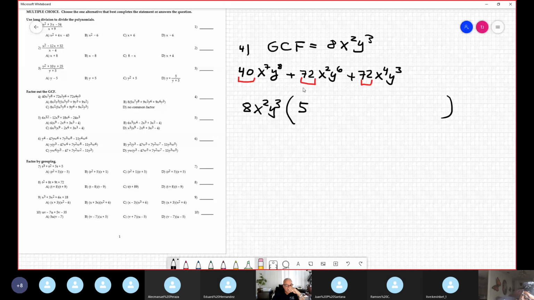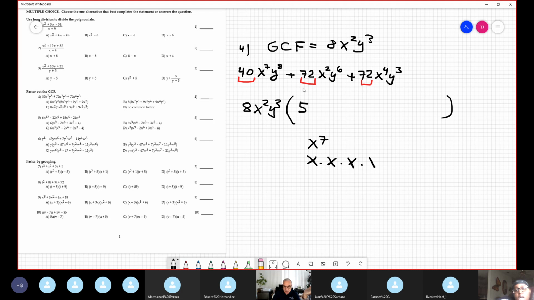Okay, there are many ways to do this. Or, what number do you multiply by 8 to give 40? It's 5. We have x^7, and outside I put x^2. You know, x^7 is x times x times x times x times x times x times x. How many? 1, 2, 3, 4, 5, 6, 7.